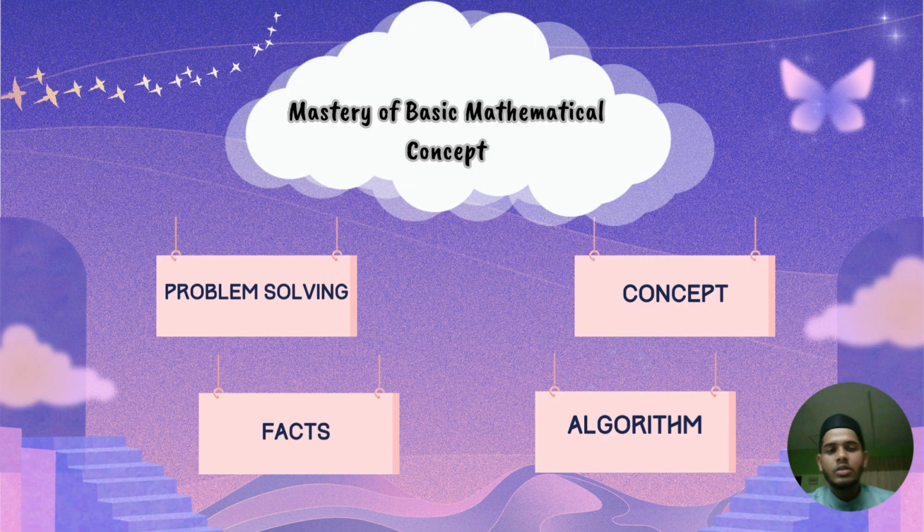Next, we continue with how students can master the basic mathematical concepts. We have four elements here. The first one is problem solving. Problem solving makes students think outside the box with the knowledge they already have in their mind to solve any kind of mathematical problem or real life situation problem.